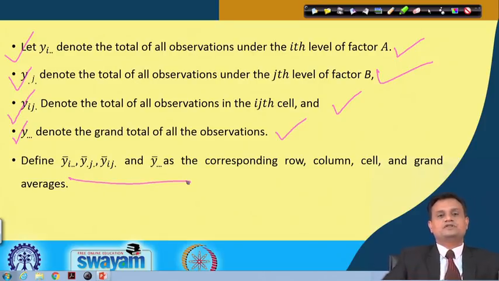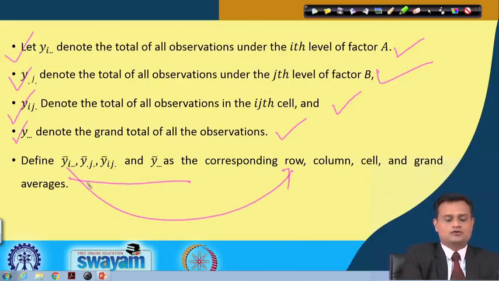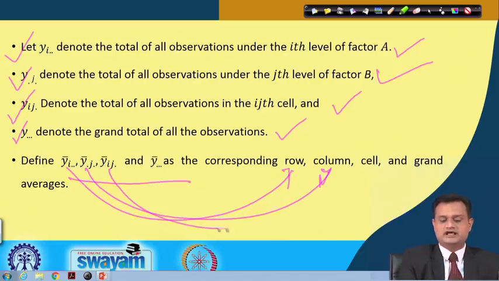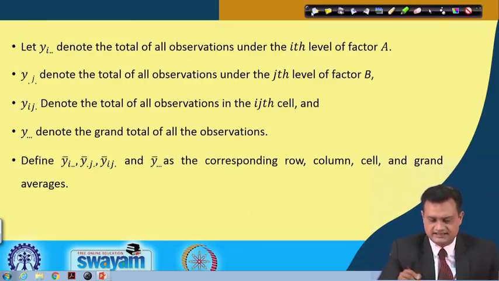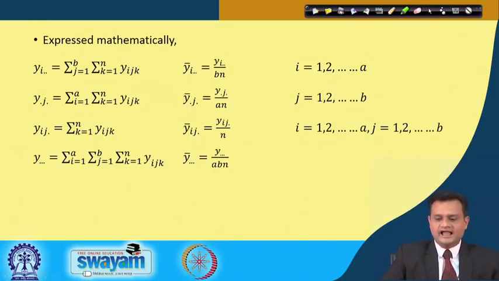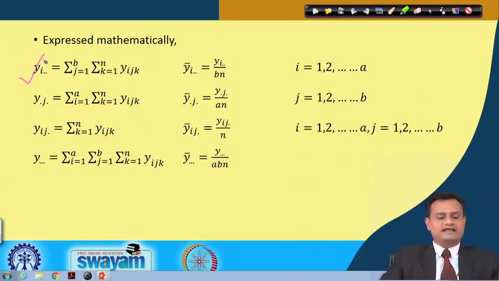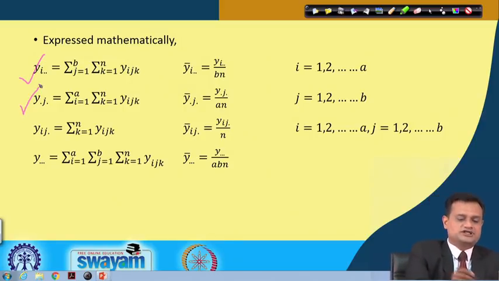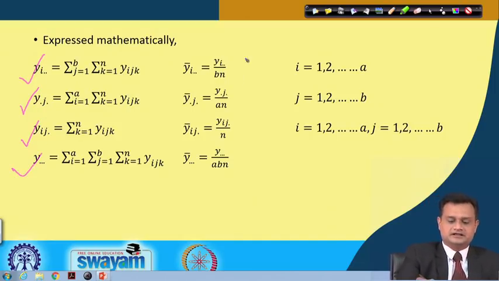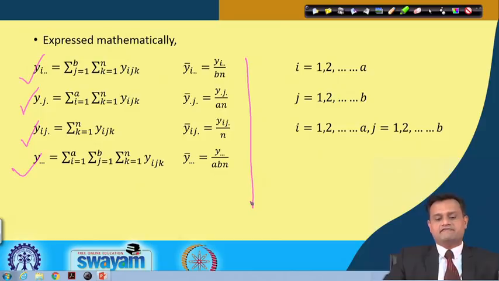These are the corresponding mean values: yi dot bar refers to row, y dot j dot bar refers to column, yij dot bar refers to cell, and then you have the grand average. These are the values you need to compute, the totals using these expressions and the averages of each.